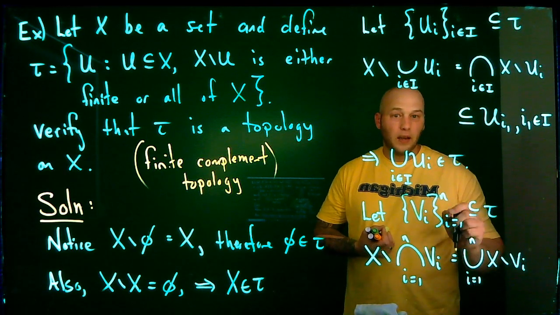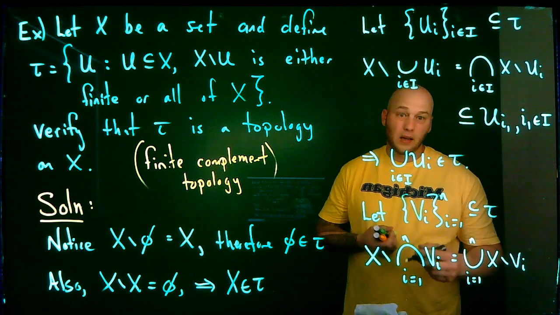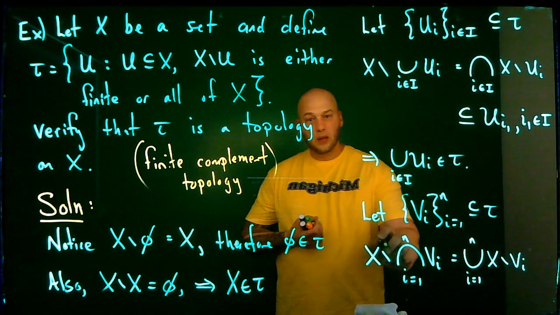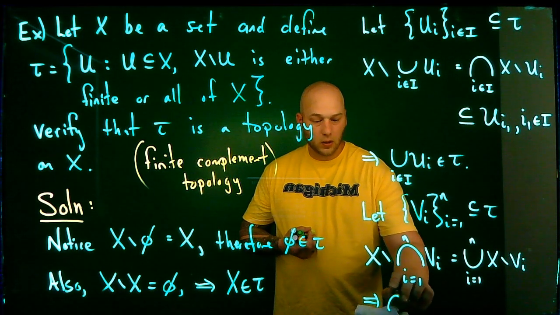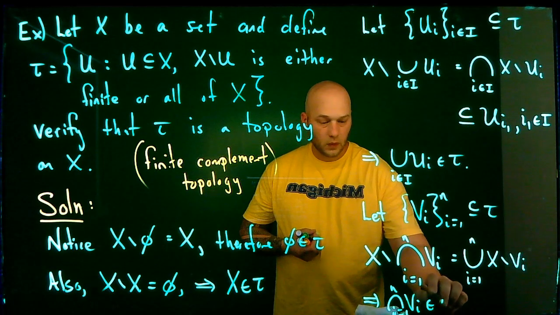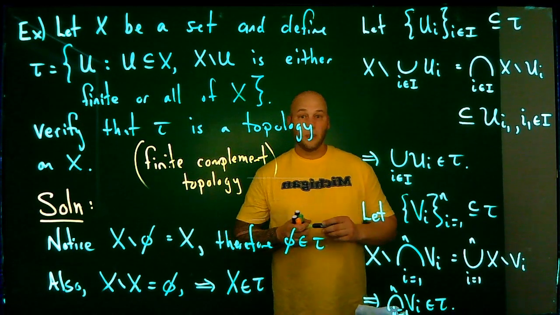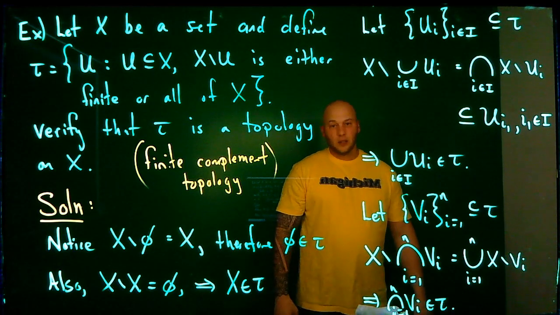So a finite union of finite sets is also a finite set. Therefore, the complement of this is finite, which implies that the intersection is an element of the topology. And therefore, the finite complement topology is, in fact, a topology.